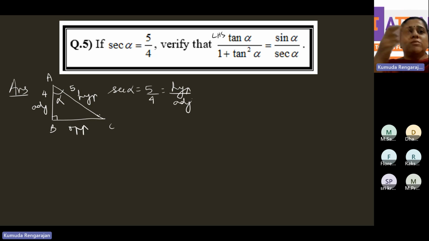Don't use the trigonometric identity when you use the triangle. From the triangle, you can get all the ratios. So you'll find tan alpha and hence tan square alpha, work the LHS and work the RHS also. You should get the same answer. That means you're verified.